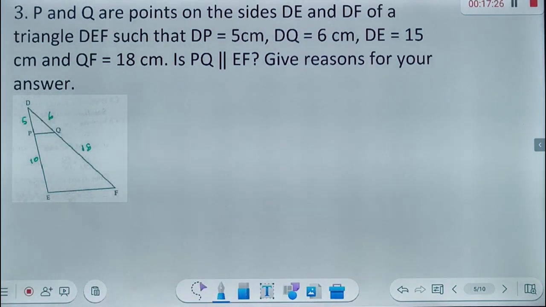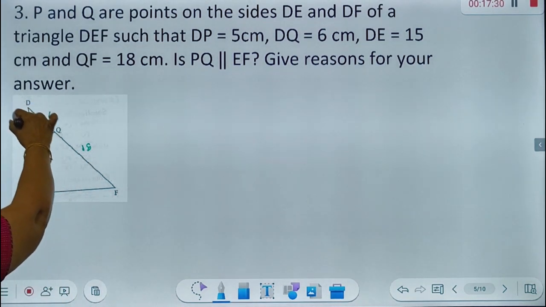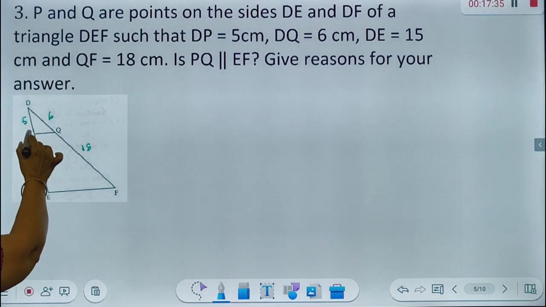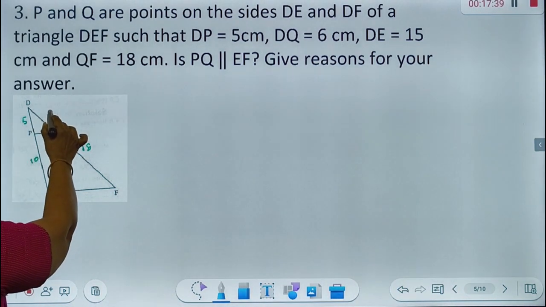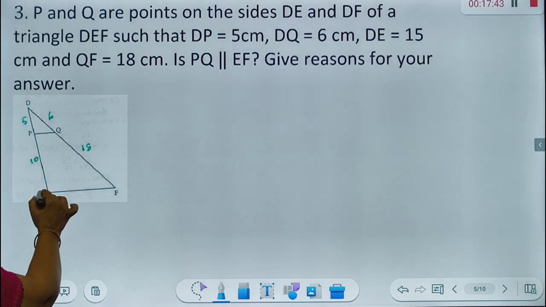Now P and Q are points on the sides DE and DF of a triangle DEF such that DP equal to 5, DQ equal to 6 centimeter, DE equal to 15.